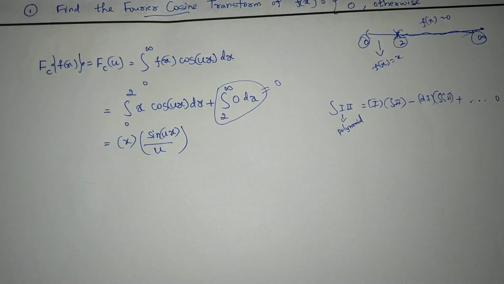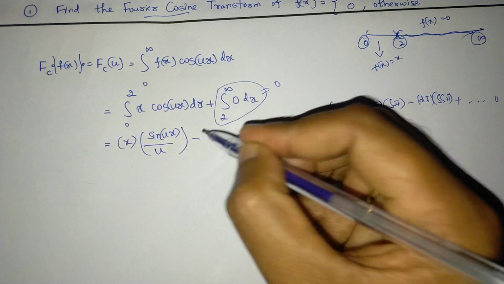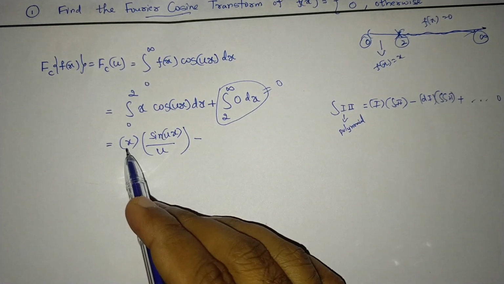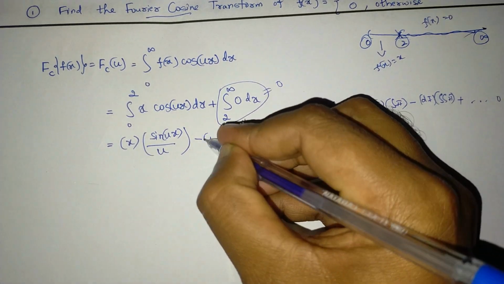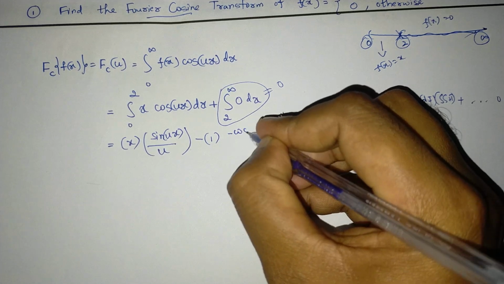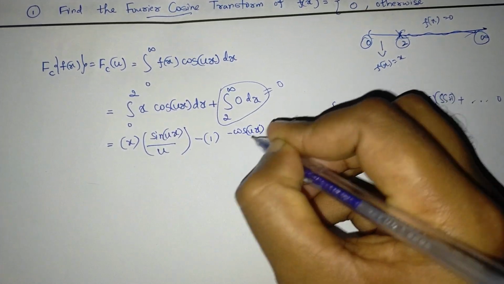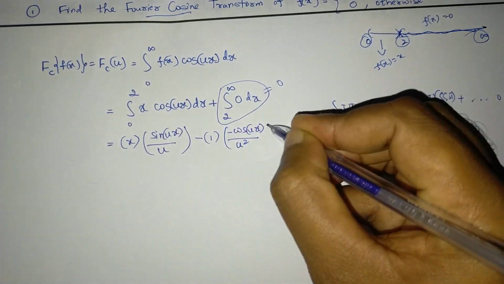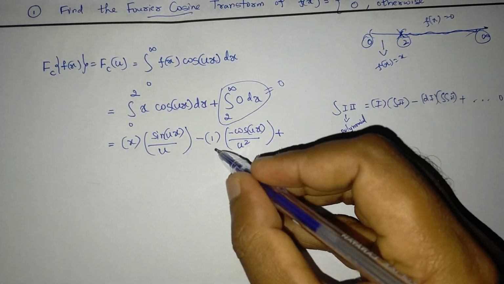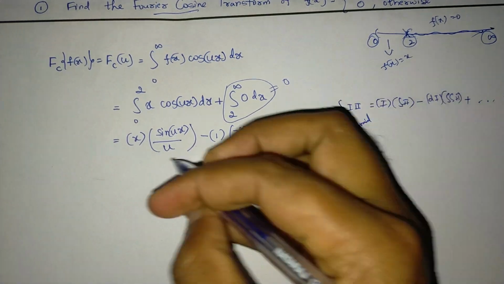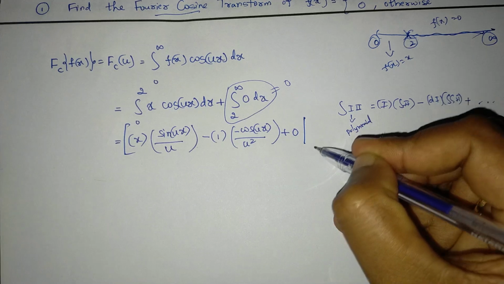We should write that in brackets. With alternating sign minus, we perform differentiation and integration until we get 0. The differentiation of x is 1. The integration of sine ux by u is minus cos ux divided by u, but we already have another u here, so u into u is u square. Again with alternating sign we perform differentiation and integration. The differentiation of 1 is 0, so we stop here.